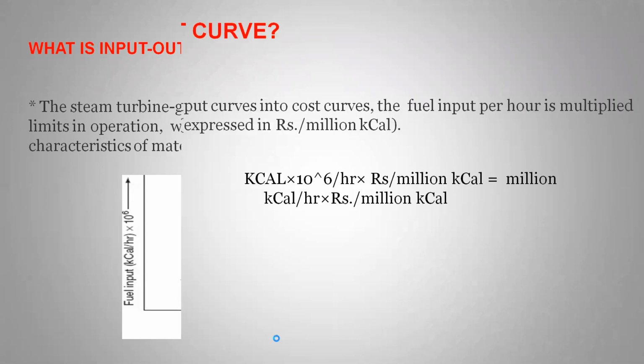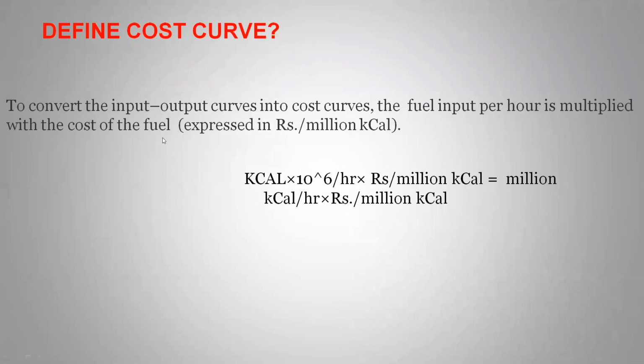So the cost curve: to convert the input output curves into cost curves, the fuel input per hour is multiplied with the cost of the fuel. What is the cost of the fuel? Rupees per million kilocalorie. What is fuel input?